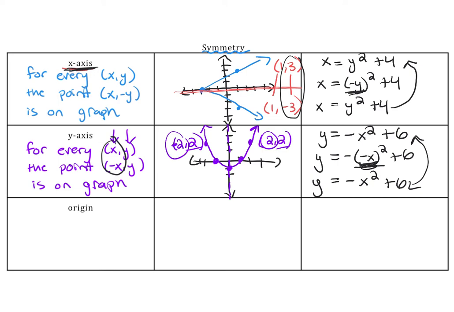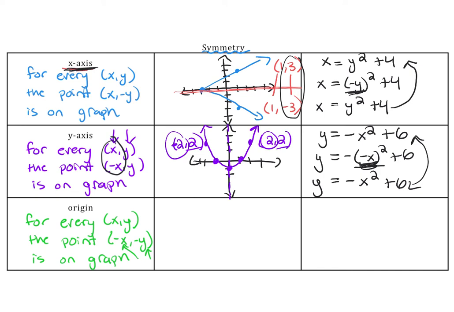Okay, and the last example for symmetry would be symmetric about the origin. For every xy, the point negative x, negative y is on the graph. So this time, both are negative.